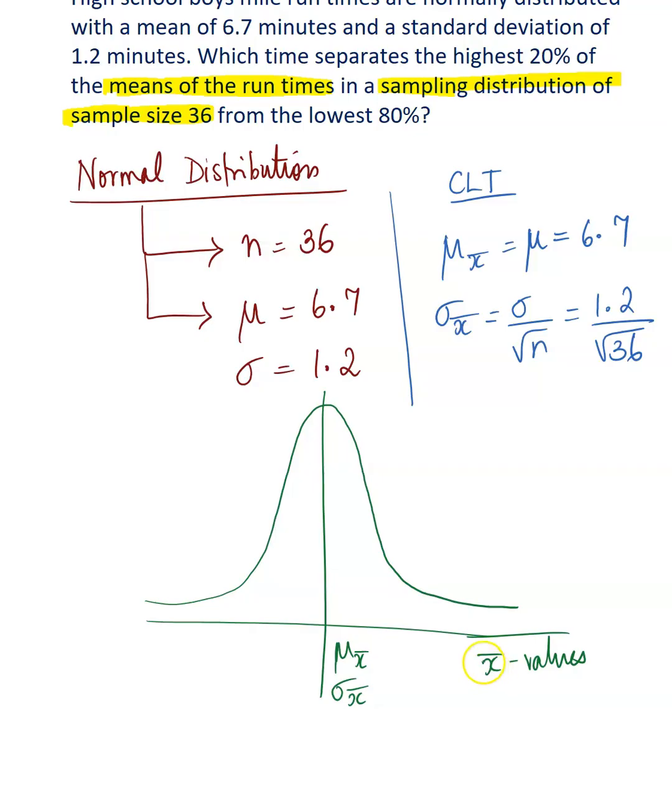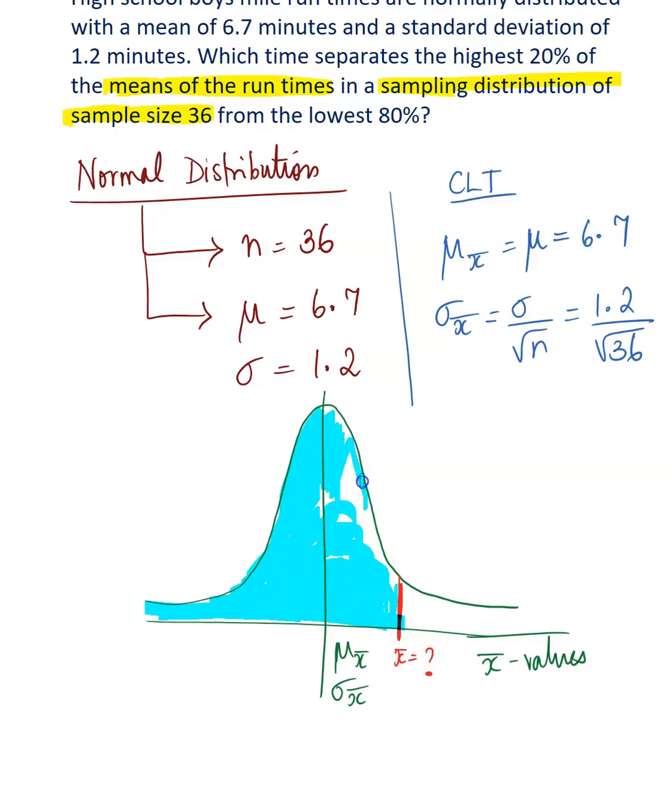So what will be the x bar value that separates the lowest 80% from the highest 20%? So it's like this division point. We're asking what is this x bar value which separates the lower 80%. Because that's the border value, right?